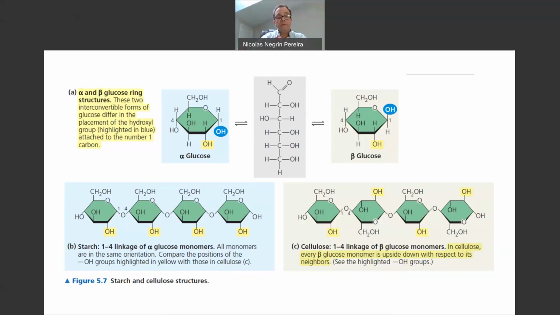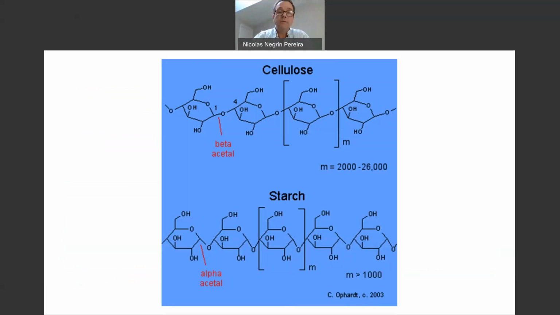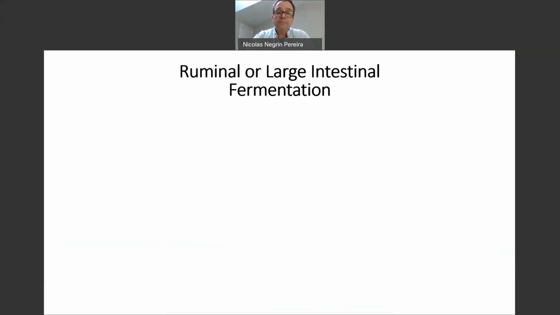In the case of starch, as a difference with cellulose, all the linkages are alpha 1,4 linkages, and that does not present a problem for vertebrates to secrete that enzyme and, of course, utilize the starch. But it's not the case for cellulose and hemicellulose. So this is another diagram showing the difference in the linkages between starch and cellulose.